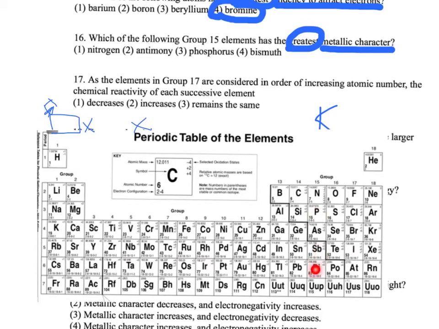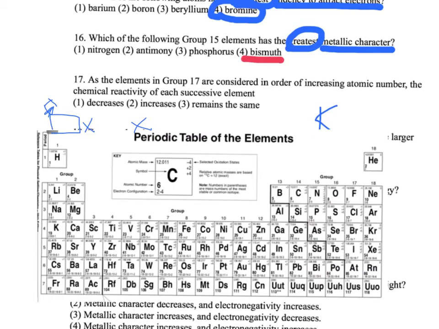These are all in the same group, and we're looking for the one that is most metallic. Now nitrogen is a nonmetal, as is phosphorus. Antimony is a metalloid, and bismuth is actually underneath the staircase. Bismuth is a metal, so bismuth is the best choice here.